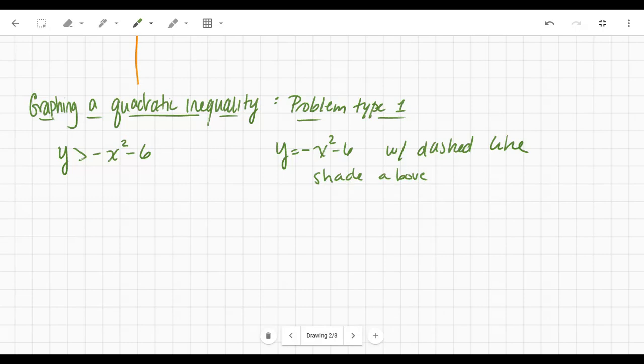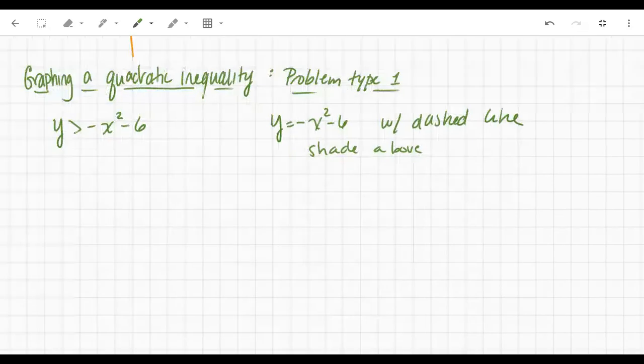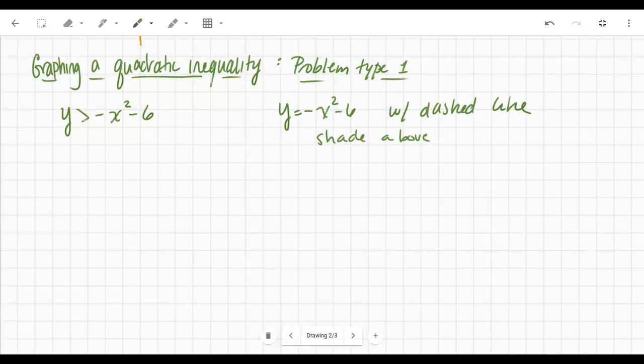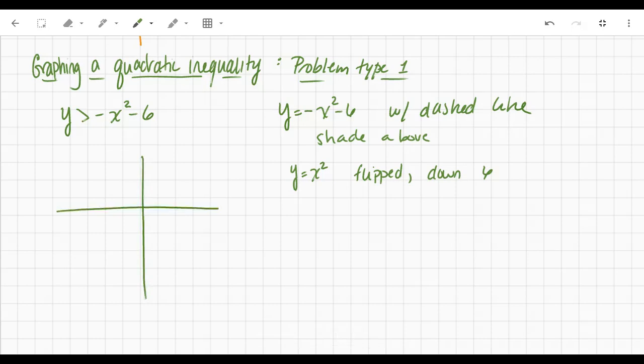When you graph your parabola, if you want, you can come up with a table of values. I can tell this is going to be y equals x squared. It's going to be flipped and moved down 6. Okay, so at 0, negative 6, we have our vertex, and we're going to do our dashed line.